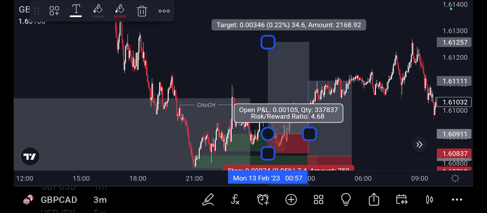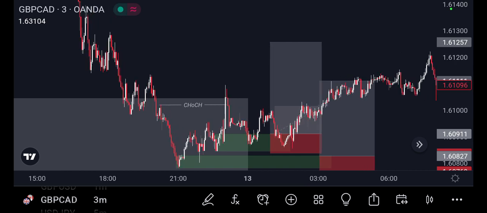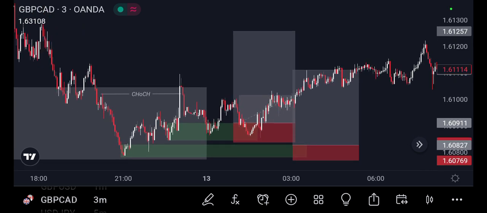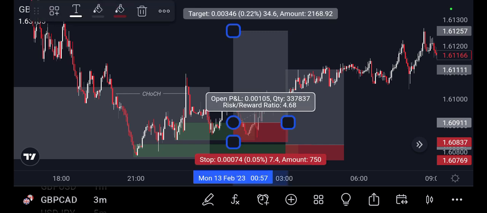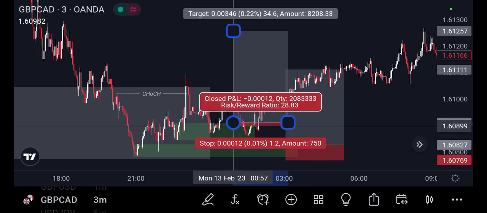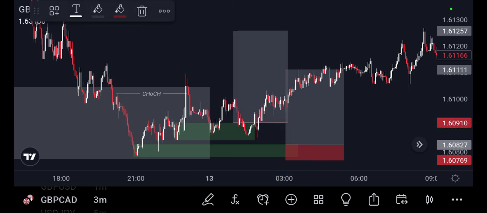You move it to entry. You just break even. I'll talk about break even in the next video or next two videos so that you understand what I'm saying. Break even means that, let's say you are in profit now, you move your stop loss to entry. So even if price reverses, you are not losing any trade.